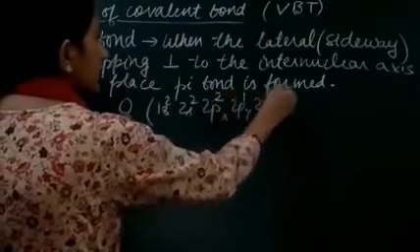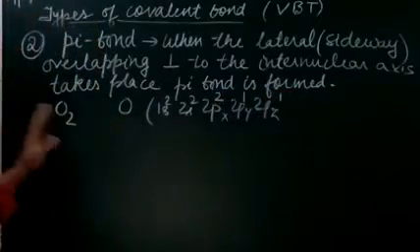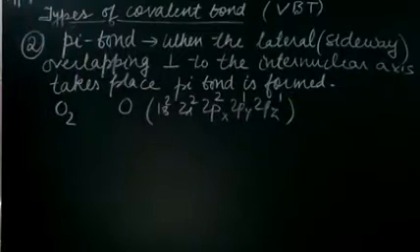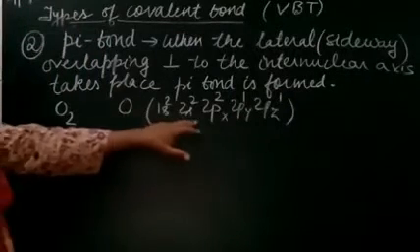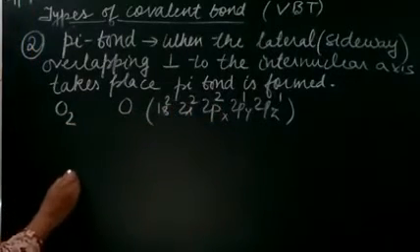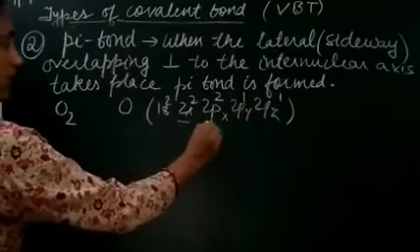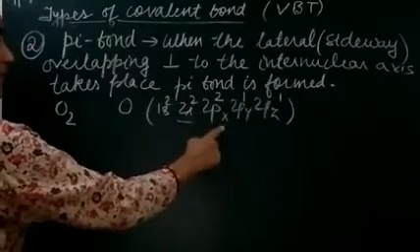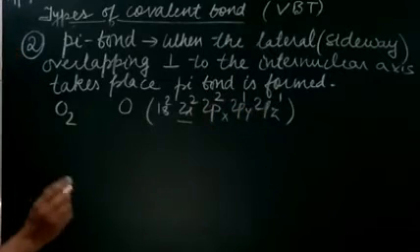So this is the configuration of the oxygen atom: 1s2, 2s2, 2p4. Here the valence shell has 2px, 2py and 2pz. 2s2 is filled up, 2px is filled up, only 2py and 2pz are half filled.